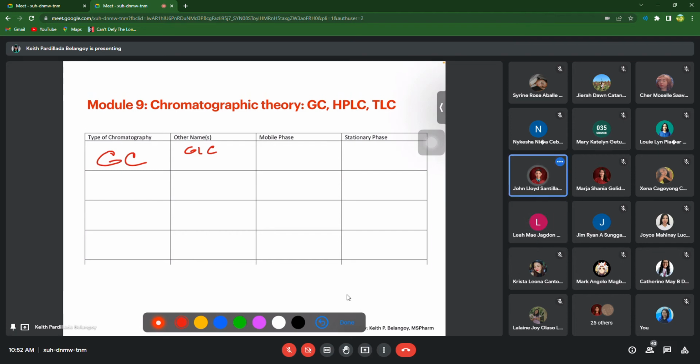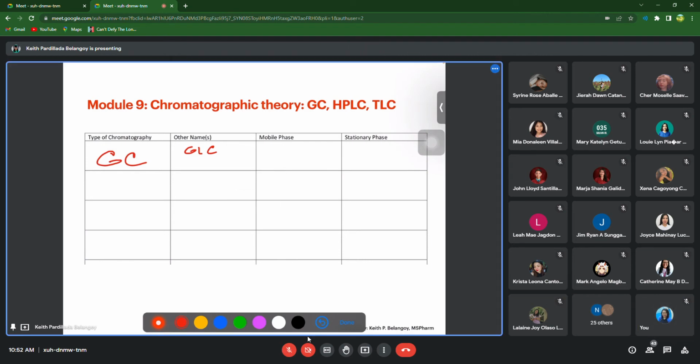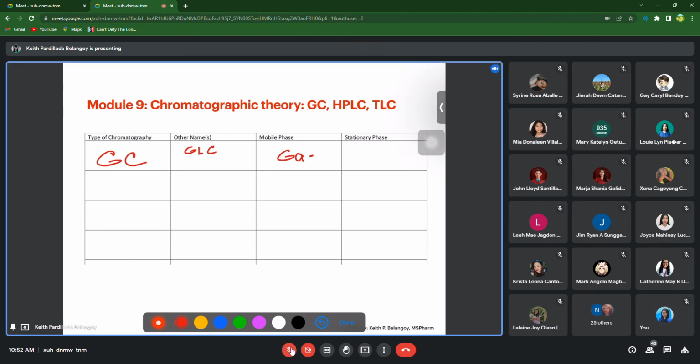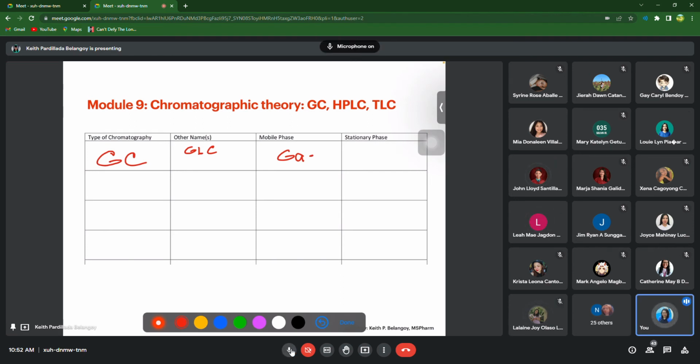Mobile phase. Liquid. For your mobile phase? Gas. Gas, po. And your stationary phase? Liquid. Solid.